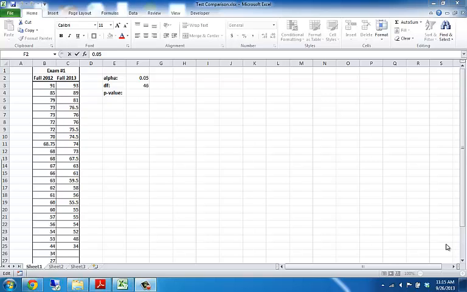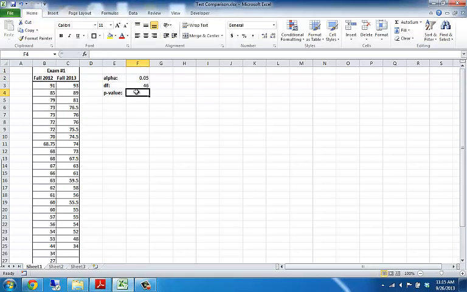If you look at the two distributions of scores, they actually look pretty similar across these two sections. A handful of people did well, A's and B's. A lot of people in the middle range, and there are quite a few low scores. So let's find out if these two sections are significantly different.